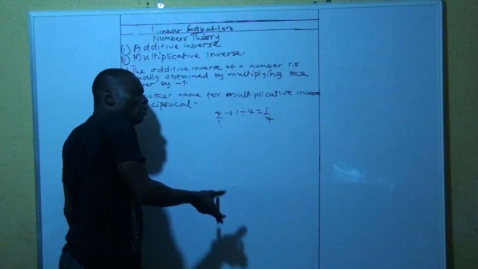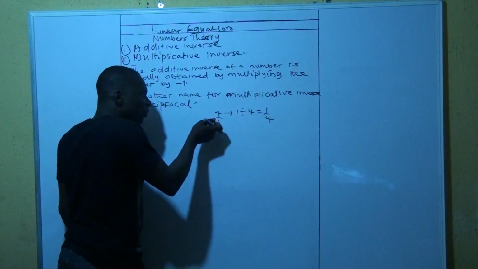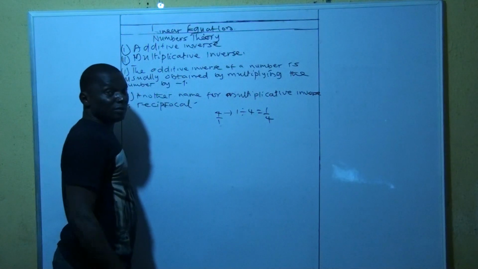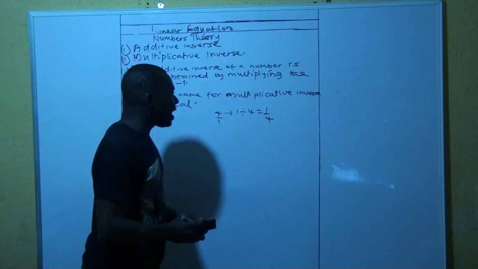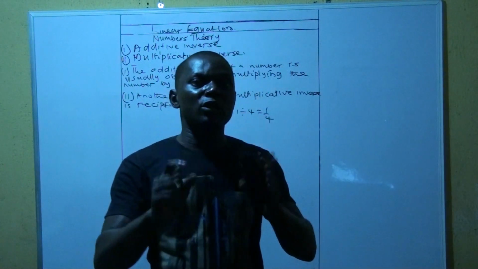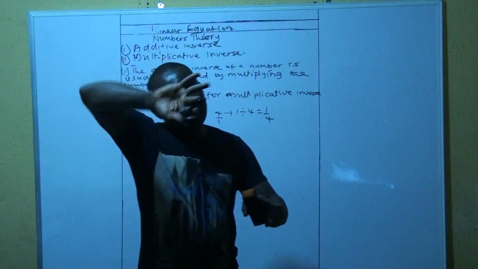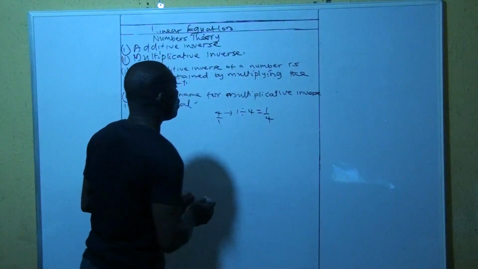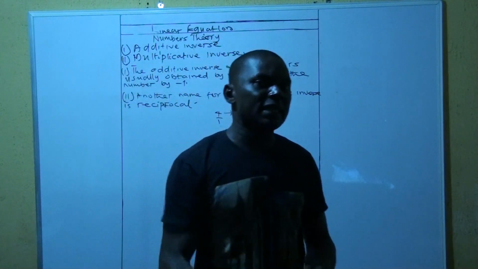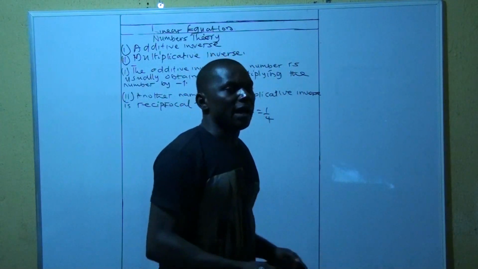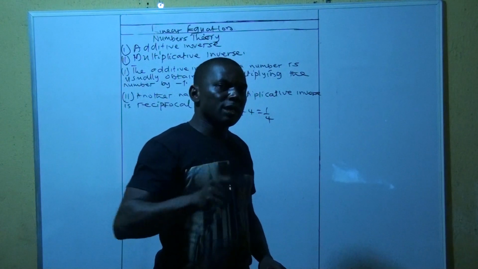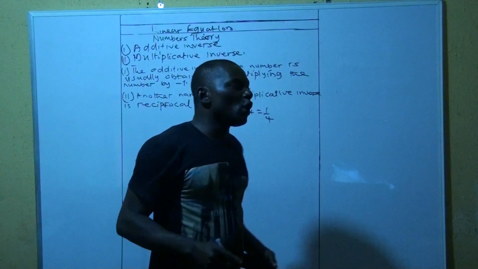So the reciprocal means you write this in place of this and this in place of this. So let's take note of that. The reciprocal of any number or the multiplicative inverse of the number is obtained by inverting the number. And one of the properties of multiplicative inverse is that the product of a number and its multiplicative inverse usually gives us 1.